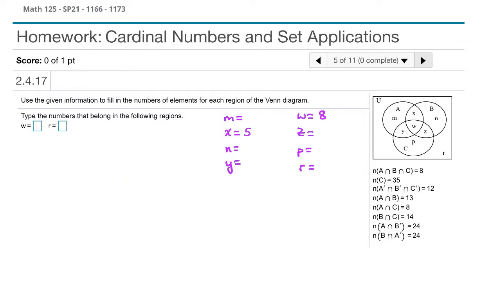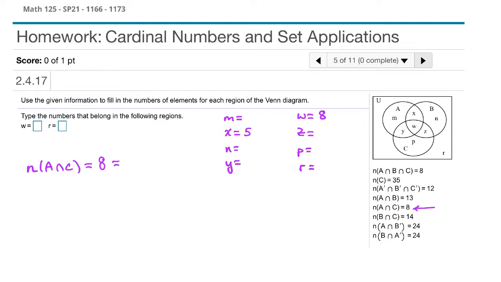Now we can do a similar thing for other sets that overlap with our region W and maybe only one other region. If we look at A intersect C, we're told that its cardinality is 8. Which regions does that correspond to?